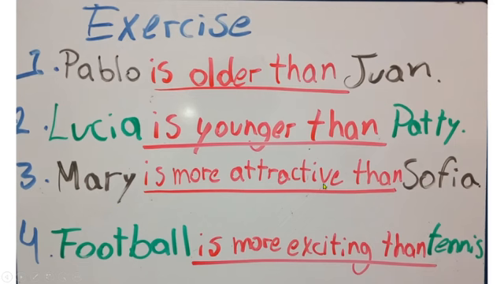Mary is more attractive than Sophia. Why more attractive? It's a long adjective, so we have to use more plus the adjective plus than. And finally, football. Football is more exciting than tennis. Exciting is a long adjective, that's why we use more.